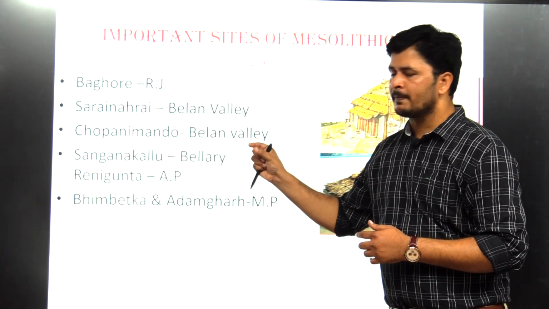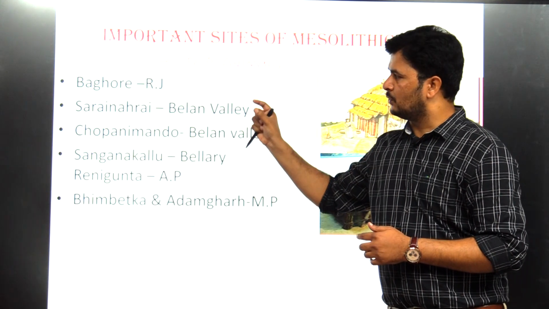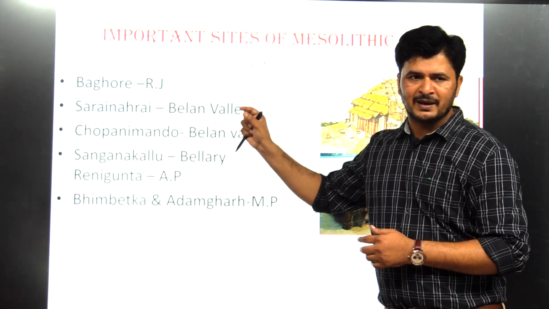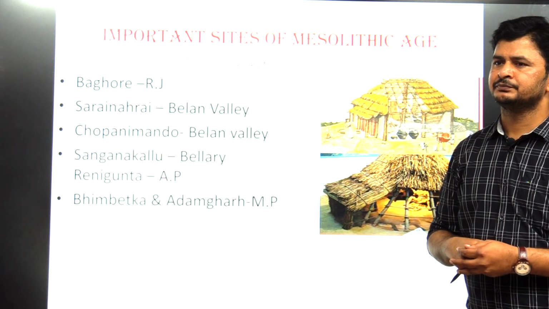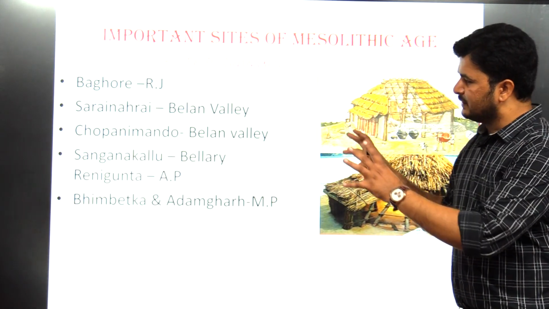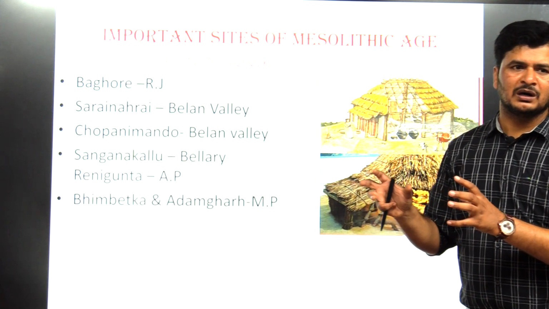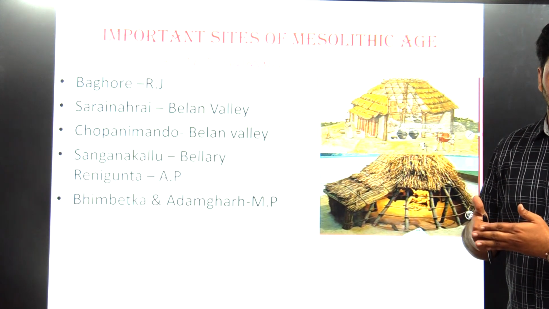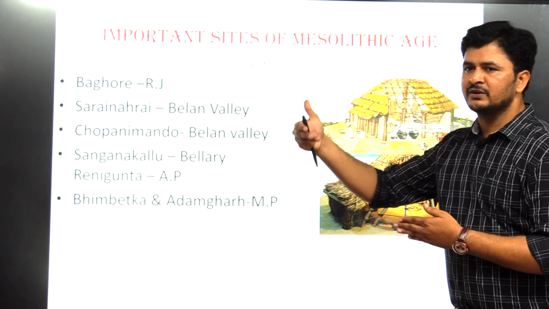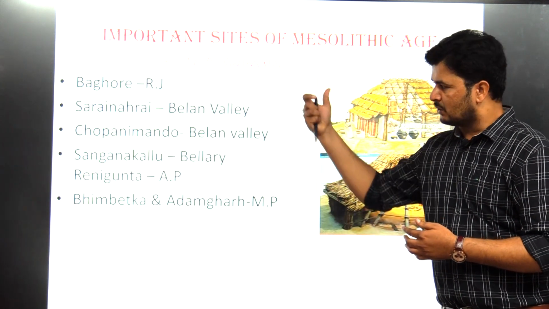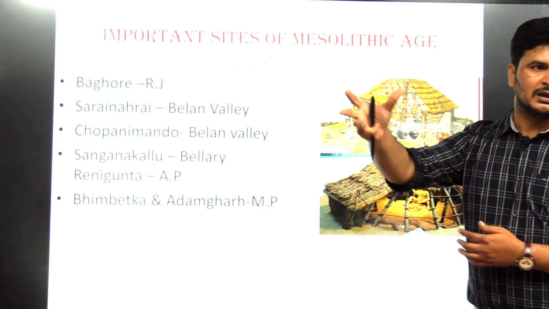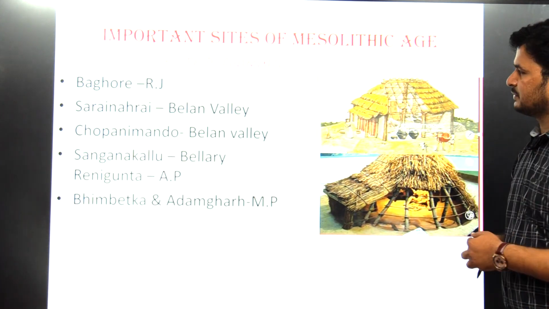The Bagor site is located not on the banks of a river, but about 40 kilometers from the banks of the river. They have learned the art of making pottery, art of making lithics or small tools you call them. So all these elements forced them to live away from the banks.